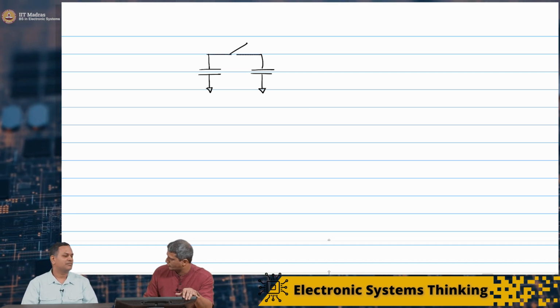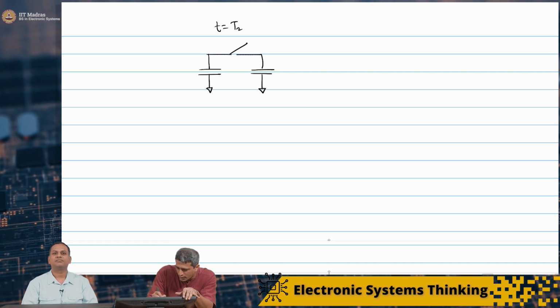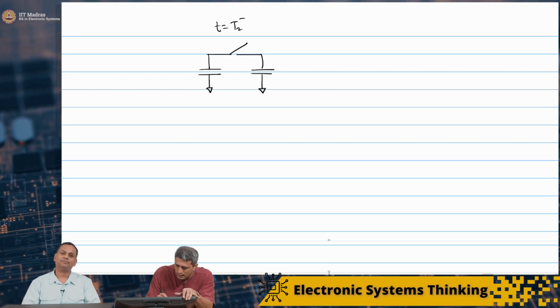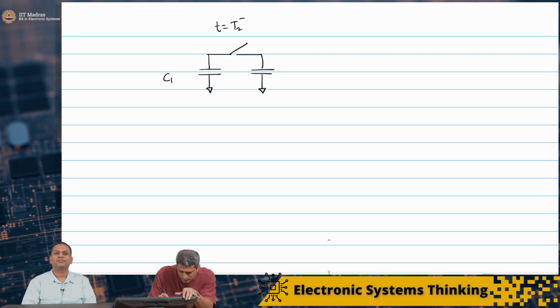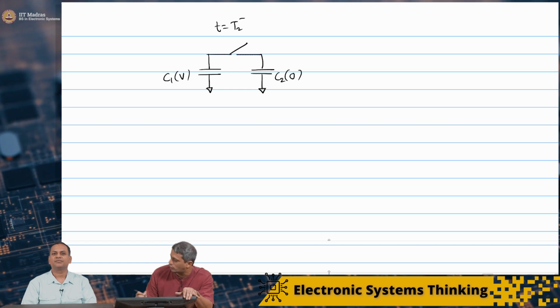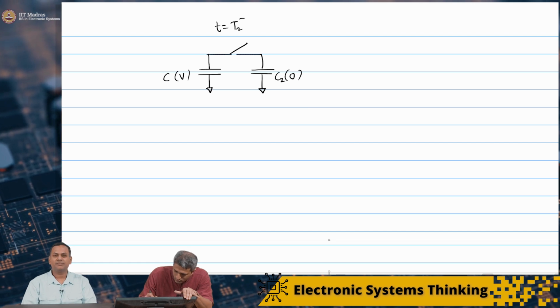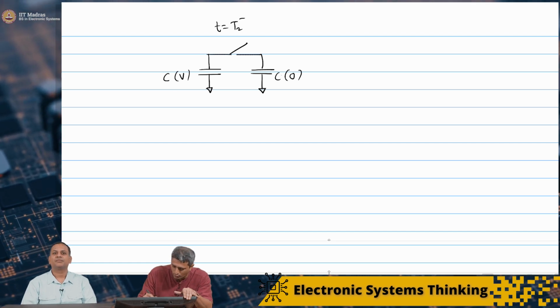I'll break this switch, at T equal to T2 minus. Here C1 is charged to V and C2 is charged to 0, and both are equal to C.